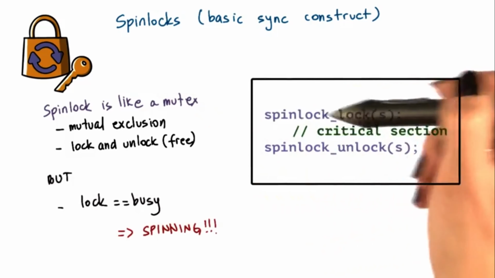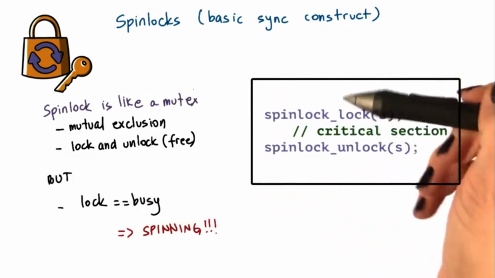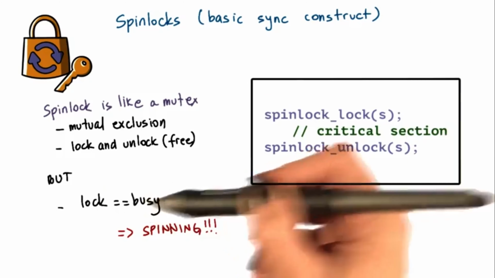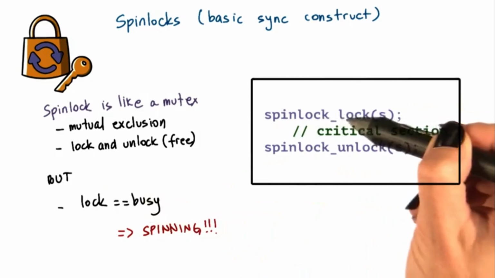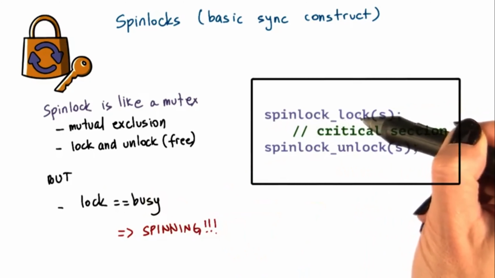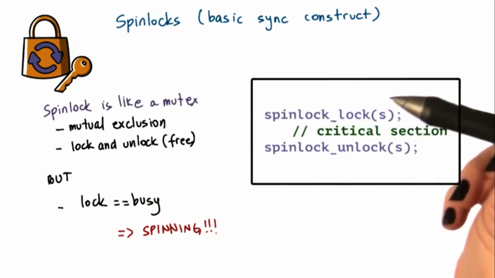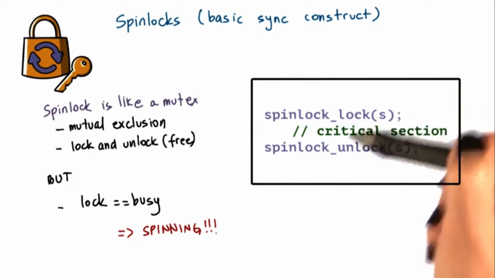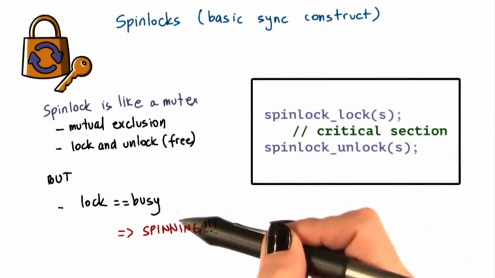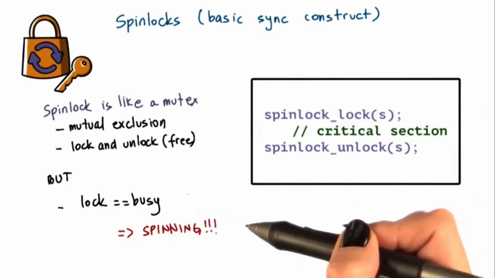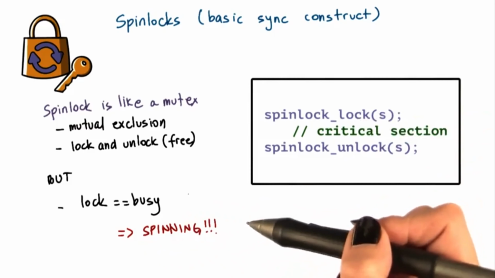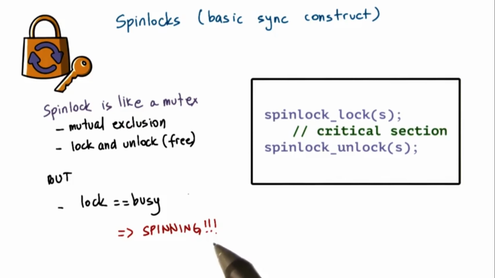The way Spinlocks differ from mutexes, however, is that when the lock is busy, the thread that's suspended in its execution at this particular point in time isn't blocked, like in the case of mutexes, but instead it is spinning. It is running on the CPU and repeatedly checking to see whether this lock became free.